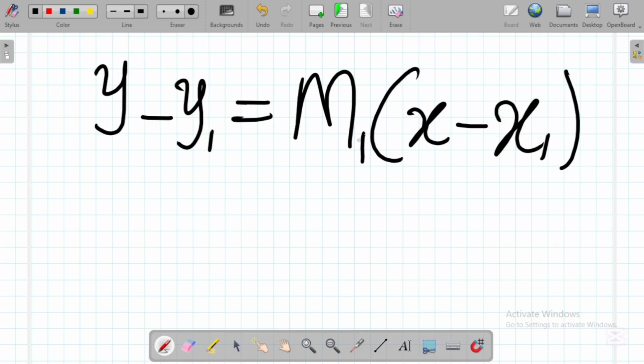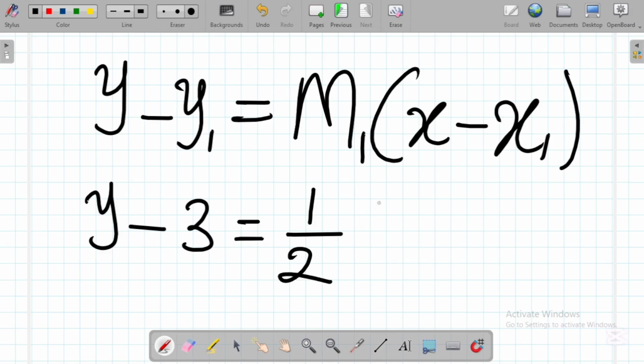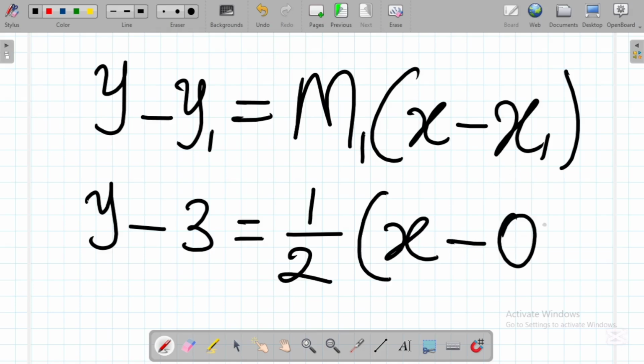So if we substitute into this equation, we will have y minus our y1 from the coordinate, which is 3, is equal to m1, which we just finished calculating, 1 over 2, open bracket x minus x1 from the coordinate, which is 0, close bracket.